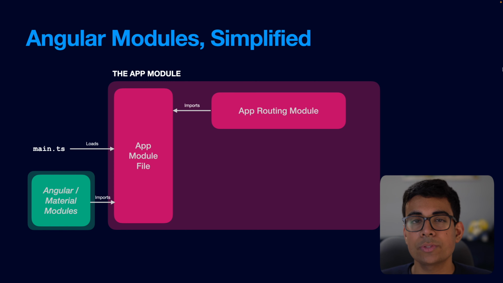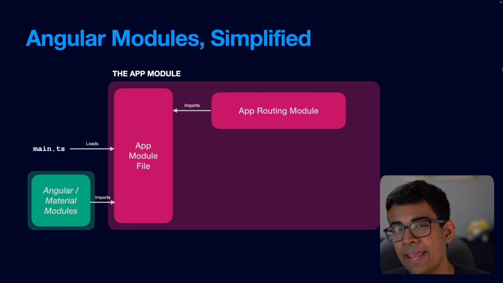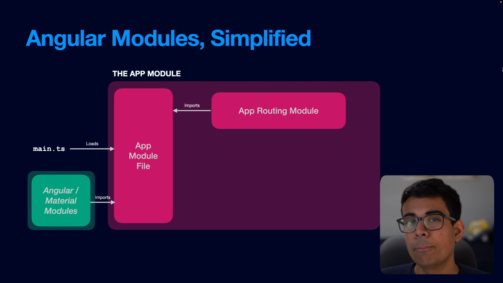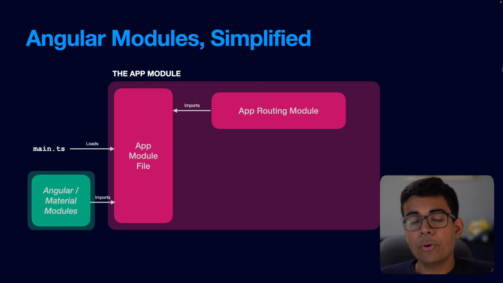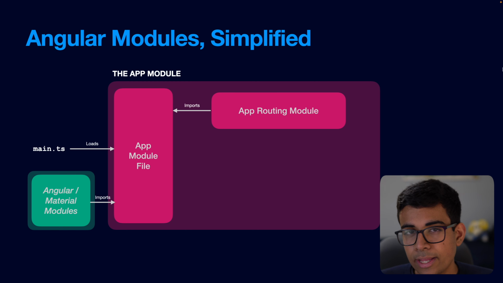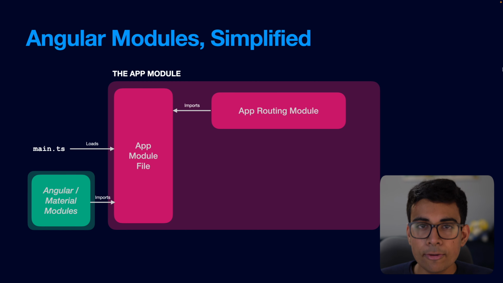However, this is a module in itself, and so this module is imported into our app module file. By importing it, we are then able to use it. And why is this important? Well, this is important because the app routing module, remember, takes the routes of the components inside of our module that we're trying to show at a correct URL.